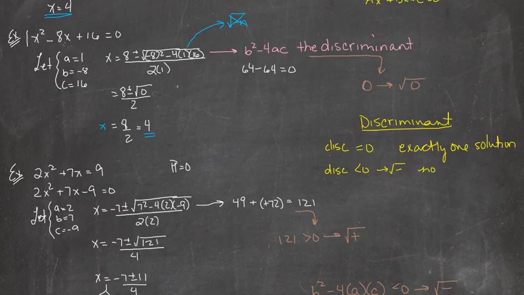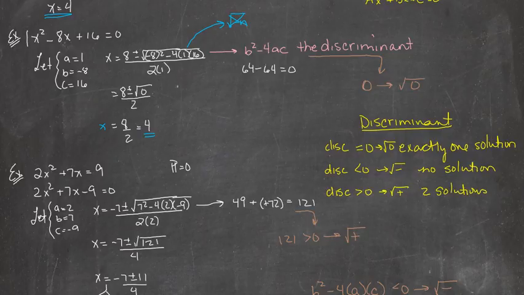There's no solution. This one leads to the square root of 0. And if the discriminant is greater than 0, meaning that you take the square root of some positive number, which is totally legal, then there are 2 solutions.